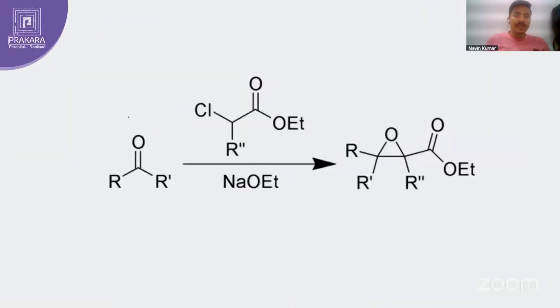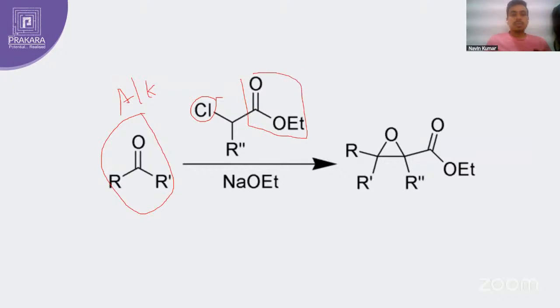In this synthesis, a carbonyl compound, either an aldehyde or ketone, reacts with an alpha haloester. See here, this one is the ester and this is the alpha position, so this is known as alpha haloester.